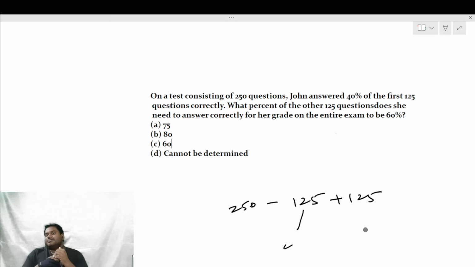See, in 125, 12.5 is 10%, 25 is 20%, 50 is 40%, and 100 is 80%. So she should get 80% as correct answers. Did you use a pen? You don't have to. You have to calculate this in your mind itself.